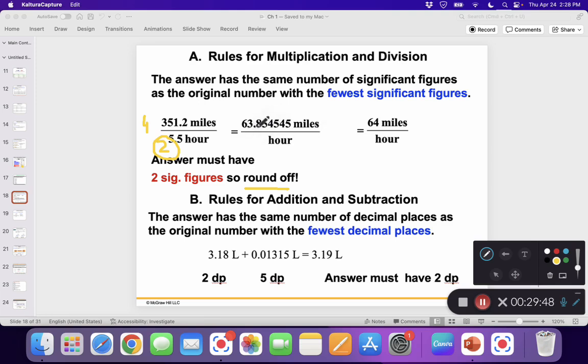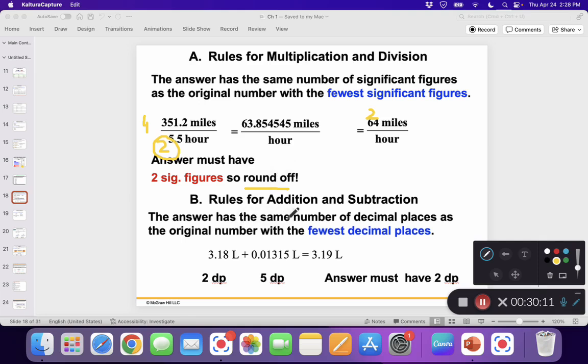So I can write 63.854545 as 64 miles, and now I have 2 significant figures in this number. That is the correct sig fig. So we always count which one has fewer sig figs, and stay with that.